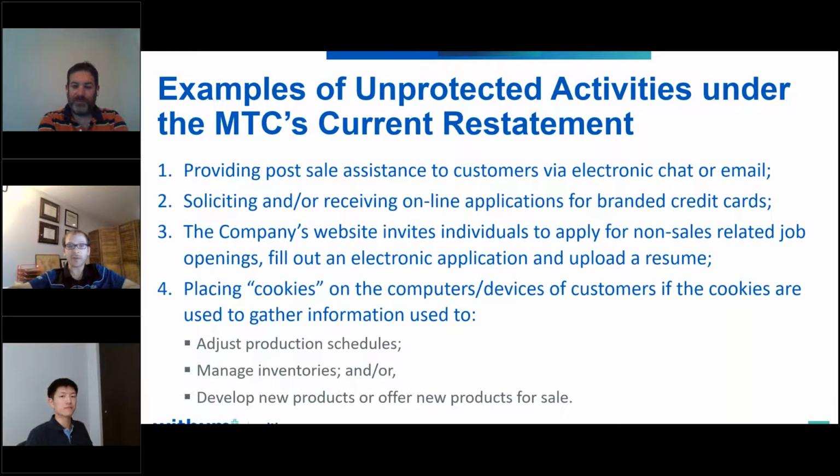But apparently, according to the MTC, instead of using a 1-800 telephone number for customer service, using electronic chat via a website would tarnish protection. So I find that very interesting, and it's just a way for the MTC and the states to narrow their view of protection under P.L. 86-272.